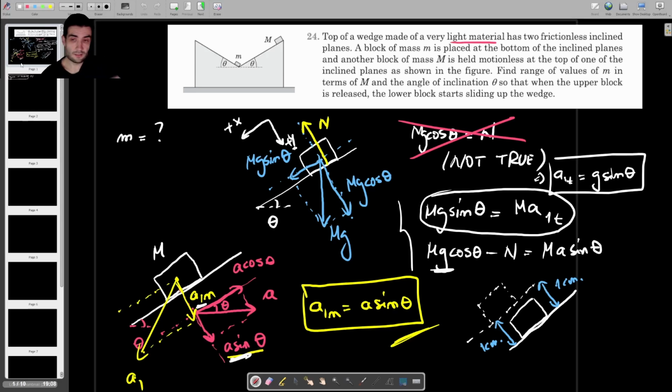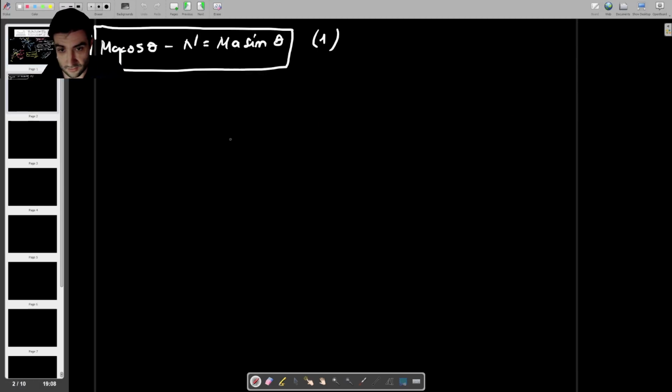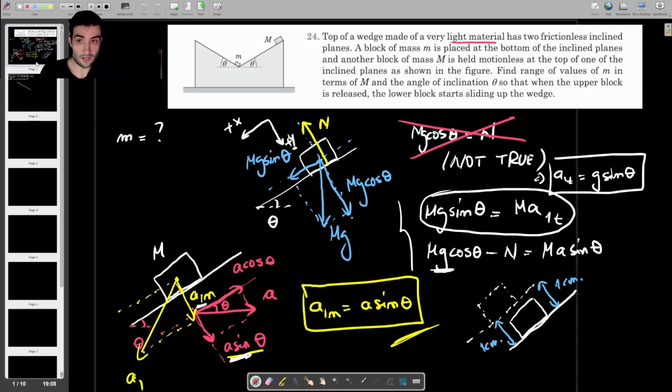And then let's look at small m, and let's see what's the deal with small m now. So small m is sitting on an incline which has the same inclination, but it has, if you want, a negative slope. And we're interested in the scenario where m starts climbing upwards.